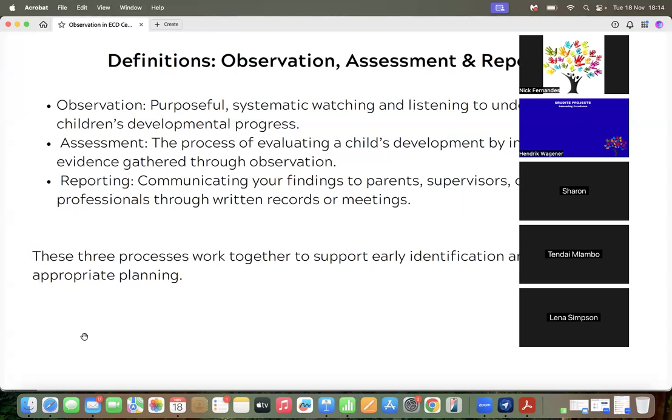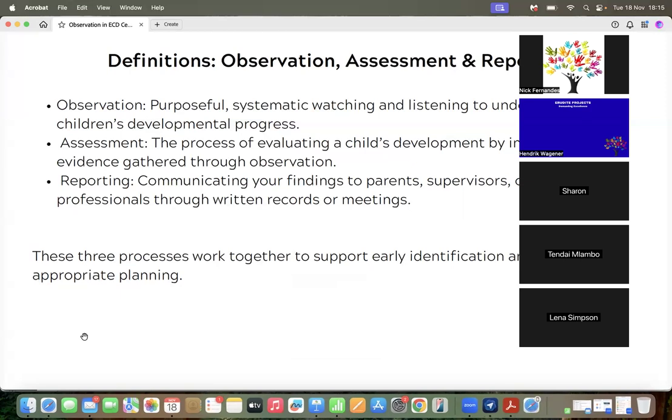That's when you would really know if there is something wrong with the child. It depends on whether you are looking at language development, maybe numeracy, or even social development. So it all depends on what you are looking at as well. Then we can just go to the next slide, please.